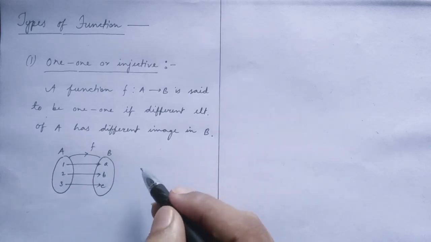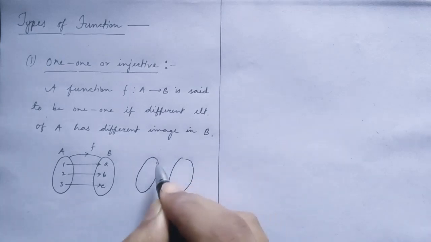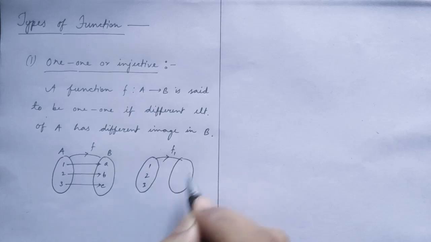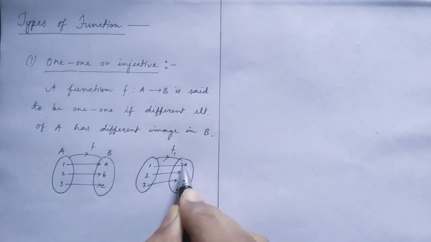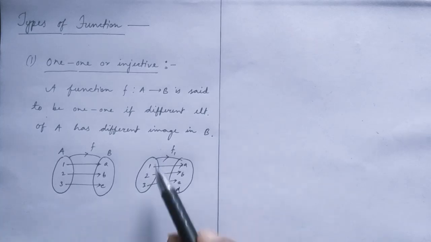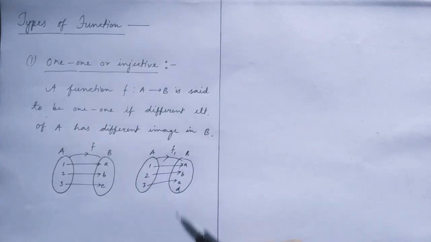So this type of function is one-one. Suppose I give you another example. This is f1, with 1, 2, 3 and A, B, C, D. In this case, this function is also one-one. Here also different elements of A have different images in B.